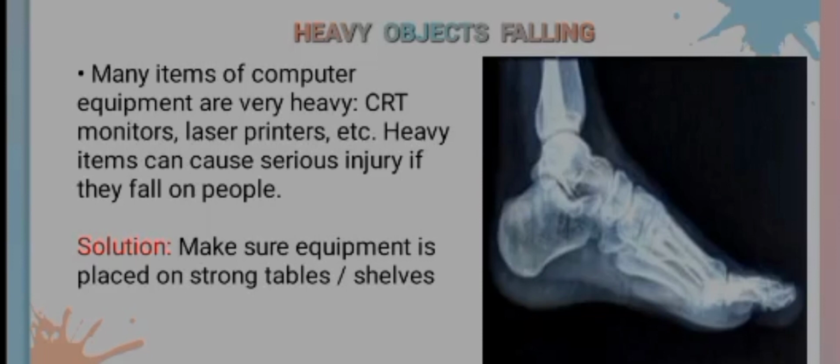For example is fracture. To prevent this incident, we have here the solution: make sure equipment is placed on strong tables or shelves. So, that's all about safety issues in ICT.